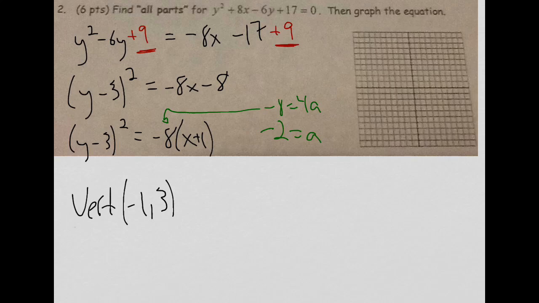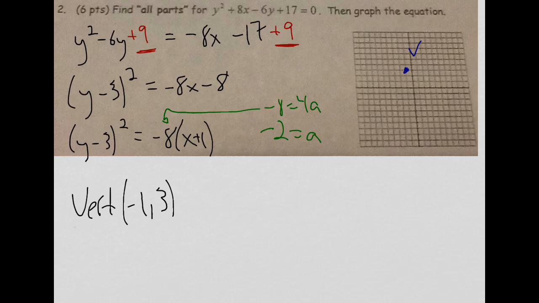So I'm going to go ahead and plot the vertex. Negative 1, positive 3 puts me up here. And now I know that it opens to the left, so I'm going to go ahead and go 2 units. Maybe I'll label that as V. If I had a little bit more space here, it'd be nice.